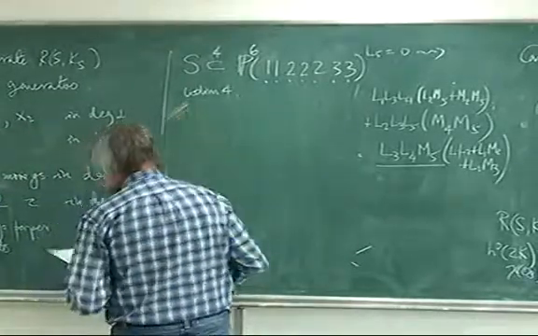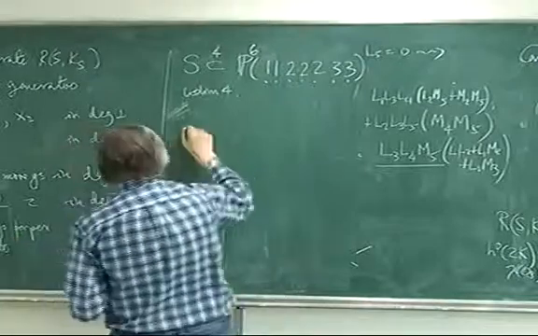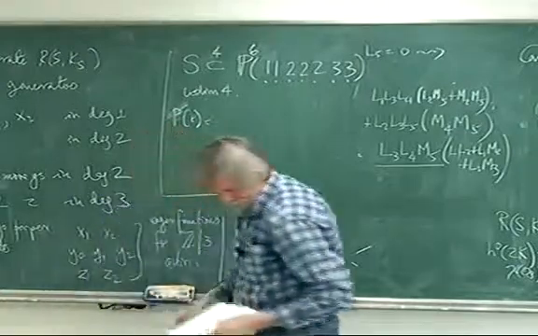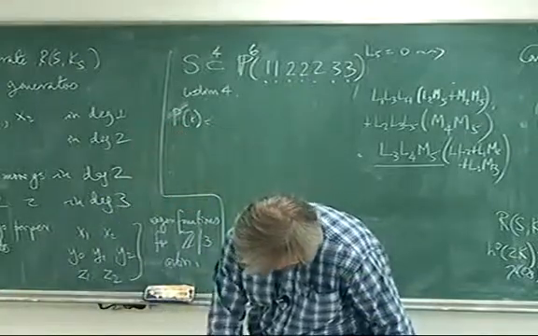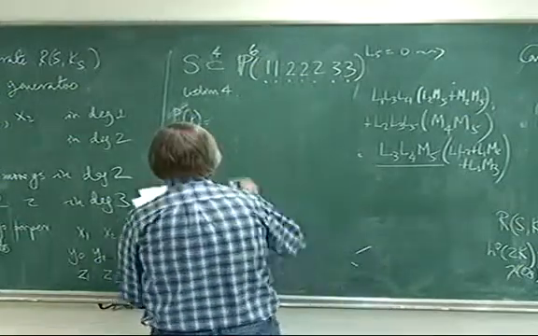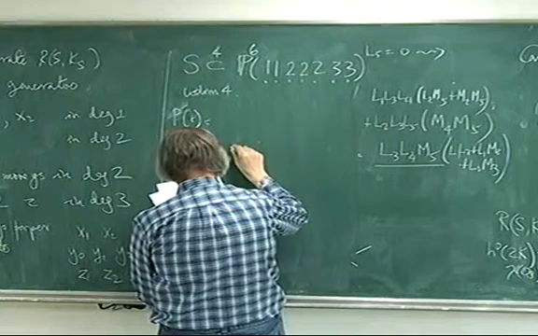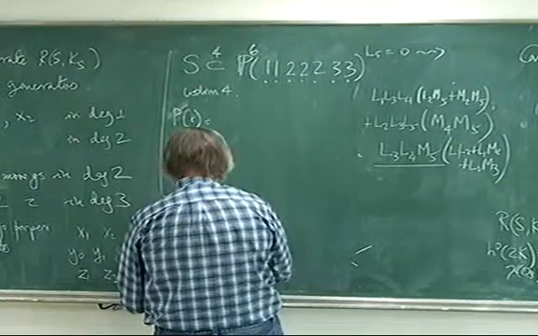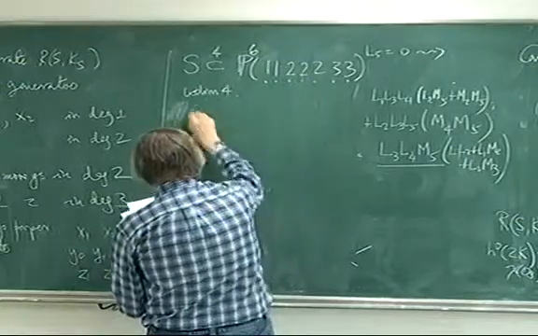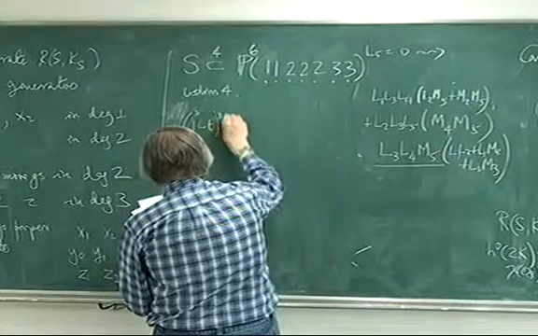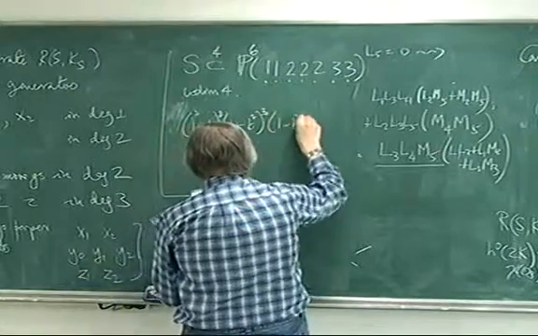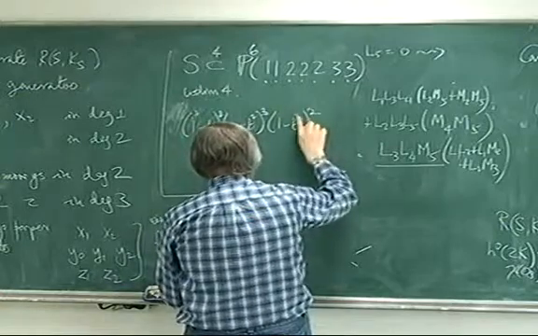So this same Hilbert series, P(t), is also equal to, divided by 1 minus t, 1 minus t, 1 minus t squared cubed, 1 minus t squared squared, 1 minus t cubed squared.